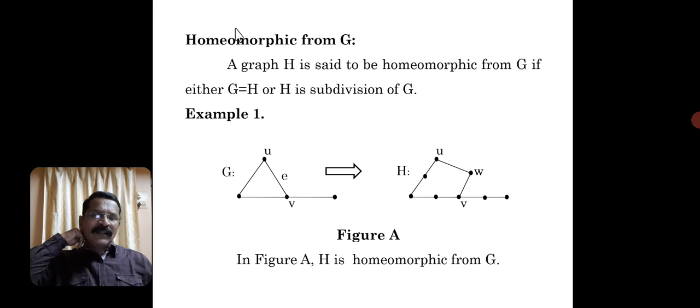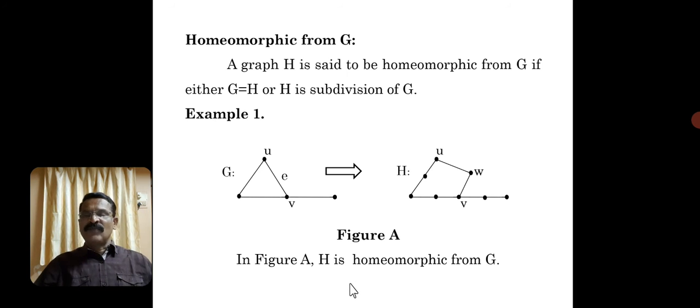Similarly, you can consider this example. This graph H is a subdivision of the graph G, so we can say H is homeomorphic from G. Is it clear? So in the graph of figure A, H is homeomorphic from G.